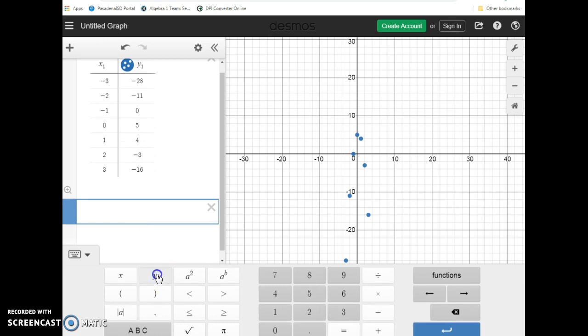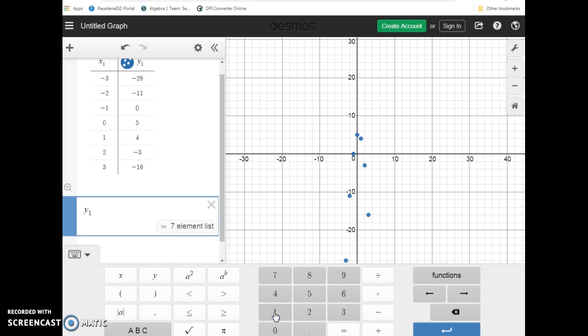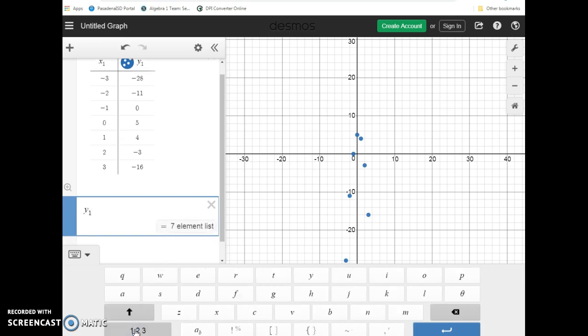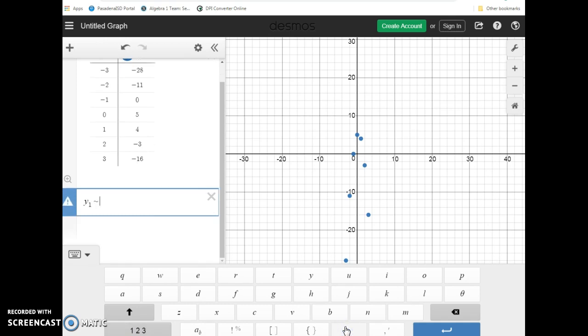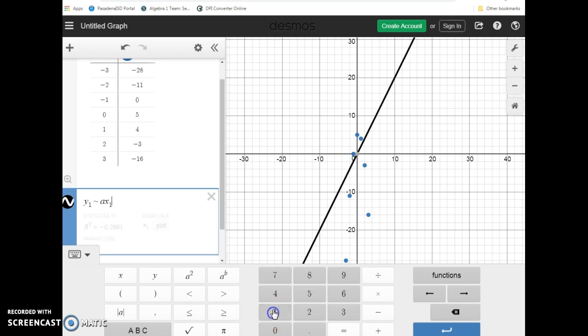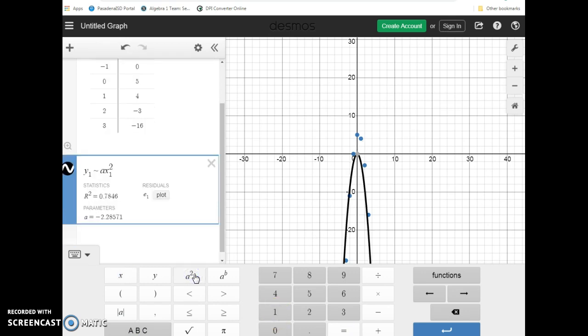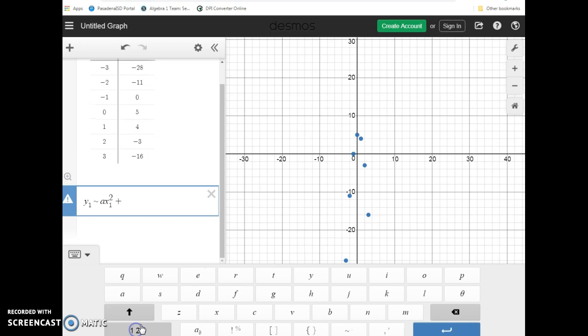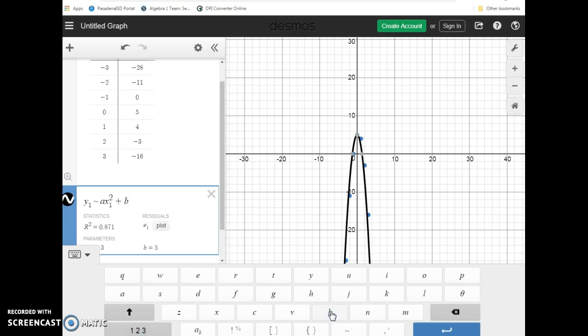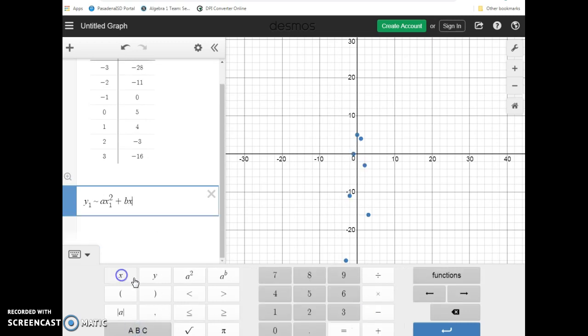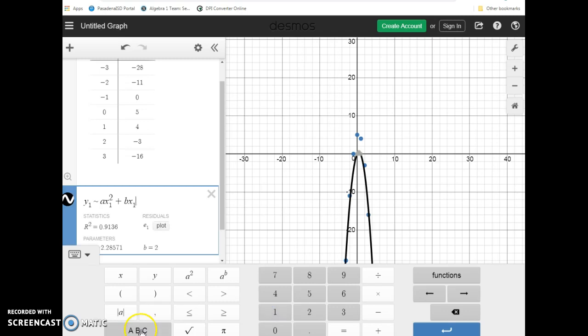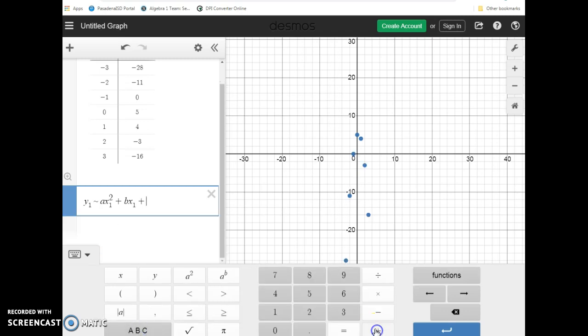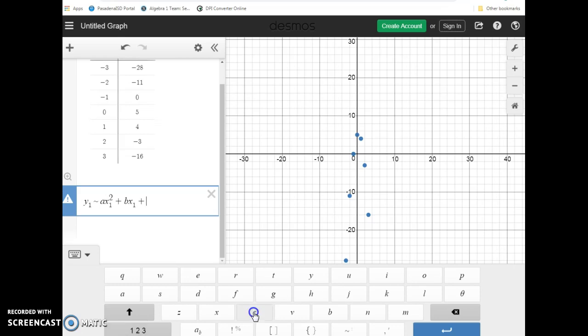So that's y1 approximately ax1 squared plus bx1 plus c.